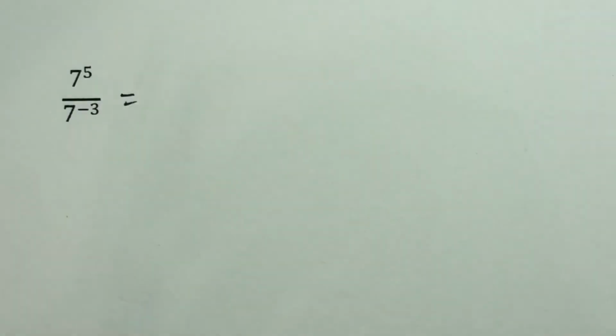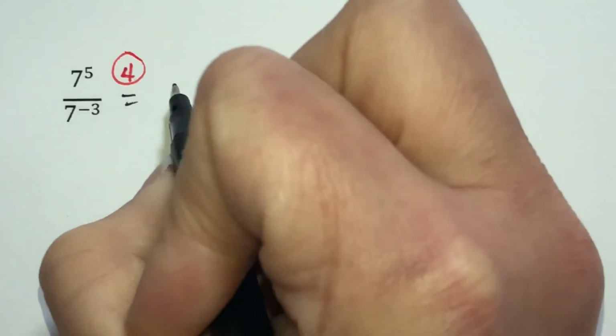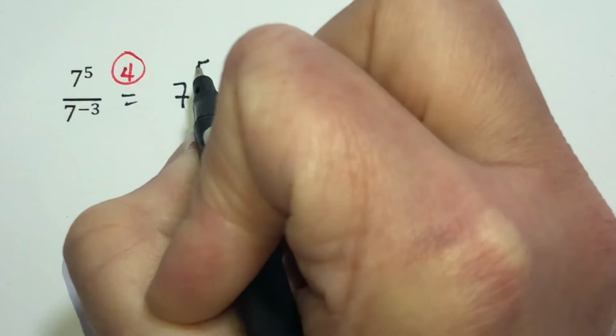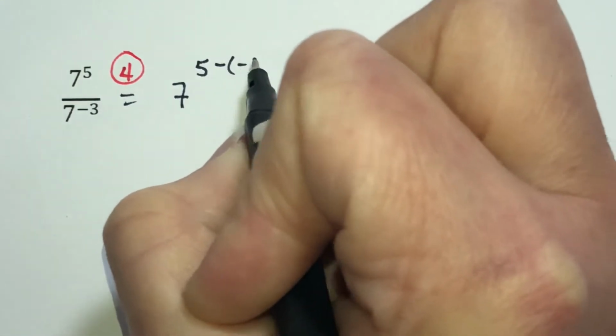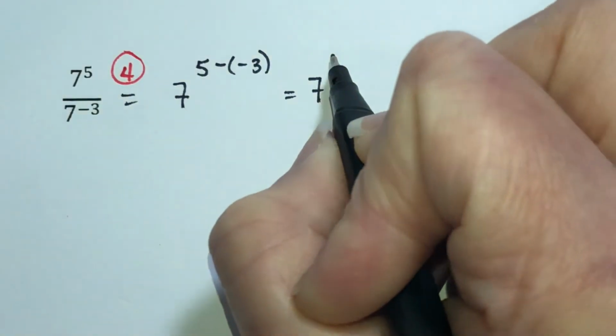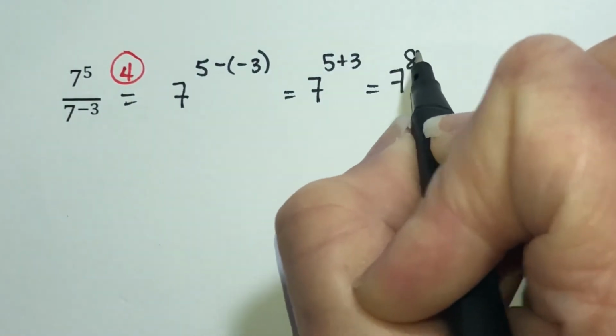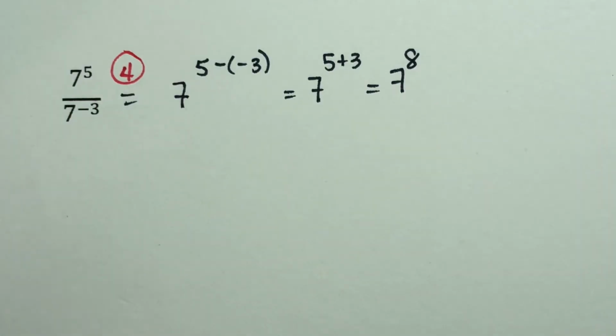So if I apply property number 4, I get 7 to the 5 minus a negative 3, which is the same thing as 7 to the 5 plus 3, which is 7 to the 8th power. That's not one that they'll want you to multiply out.